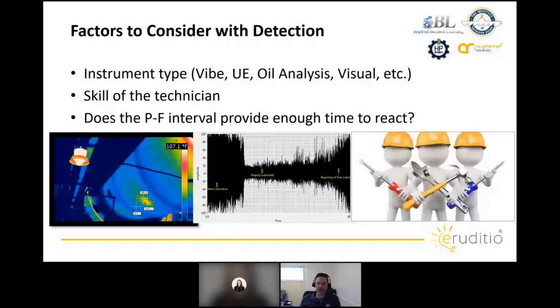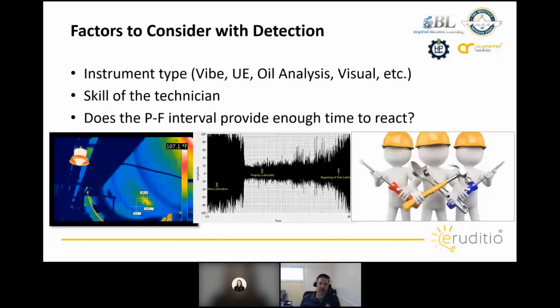The skill of the technician is another factor we have to consider. If we have a very skilled technician, or a very skilled vibration tech, we might be able to detect further up that curve. Whereas if we have a very basic, say, ultrasound inspection program in place, we might be further down that curve.